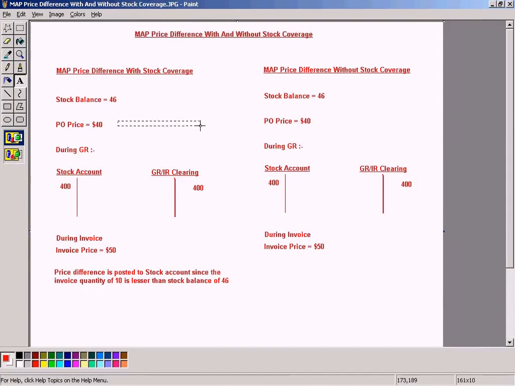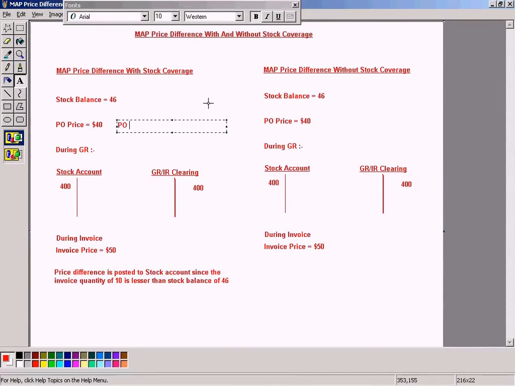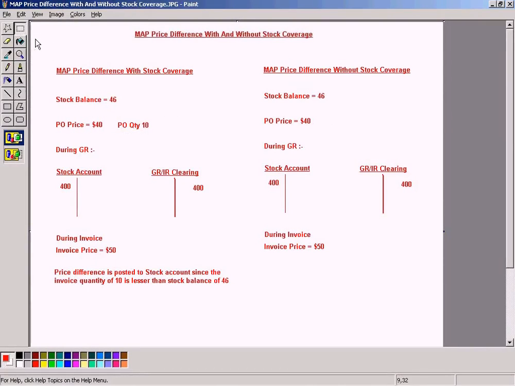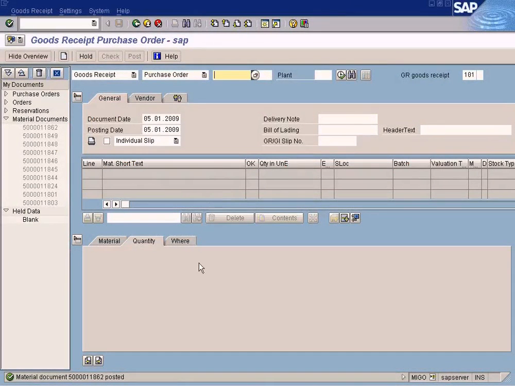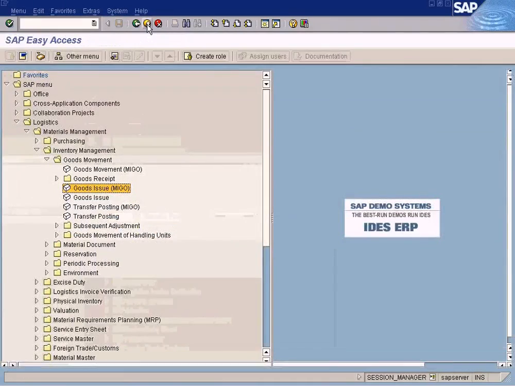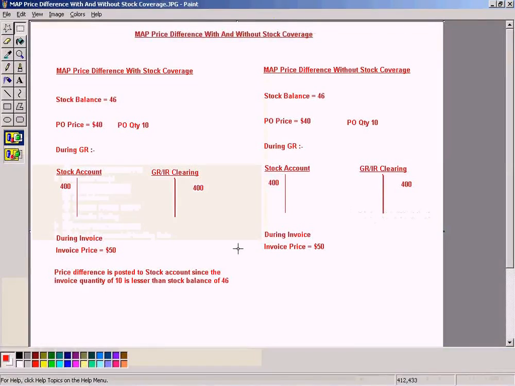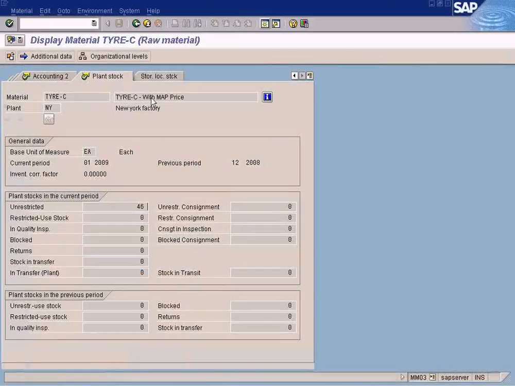It's exactly the same thing. Stock balance was 46 and we received 10 units. PO quantity is 10, and same thing here. So let us check the stock balance now.